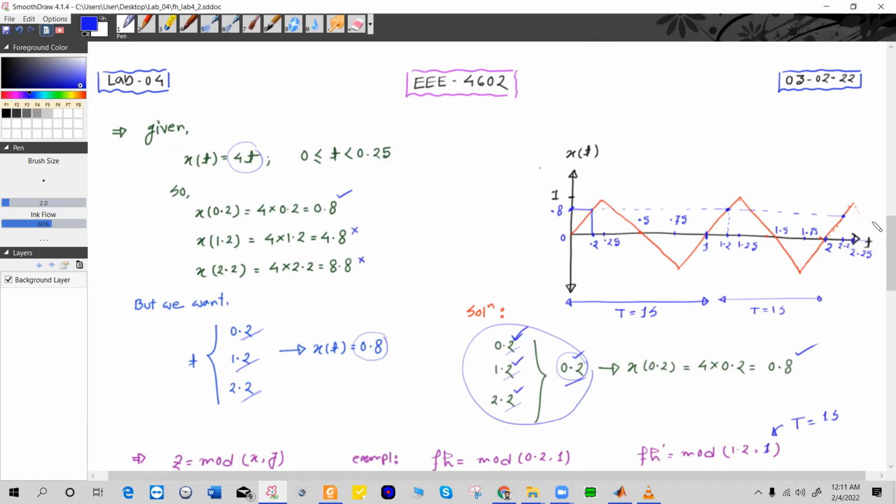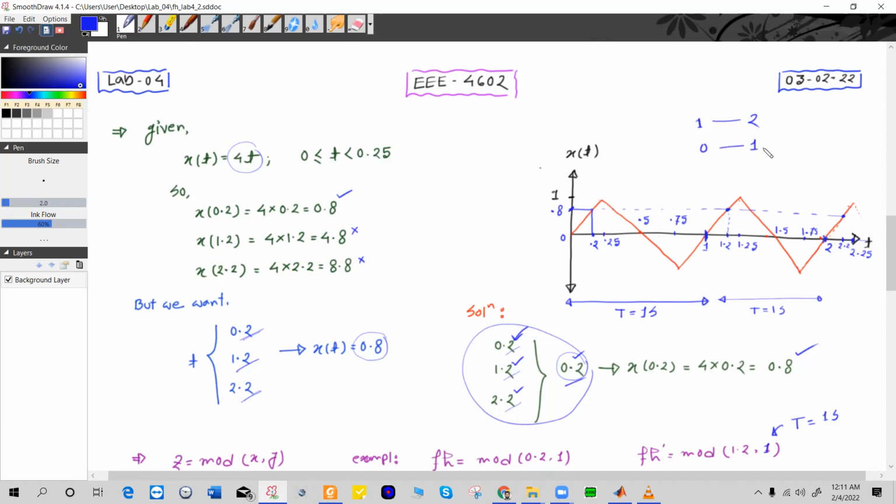So what this mod will do is, after the first time period, for 1 to 2, where time t is from 1 to 2, due to the mod operation it will in fact be converted to 0 to 1.